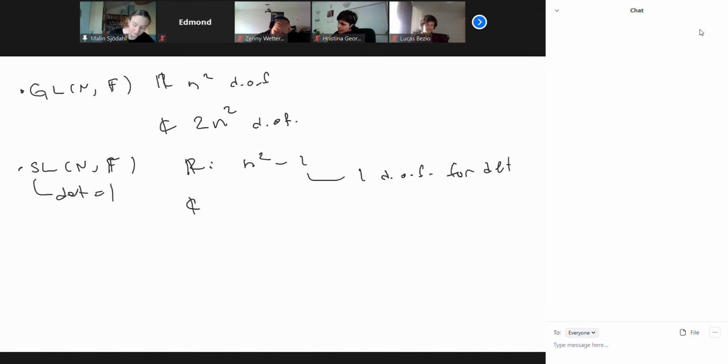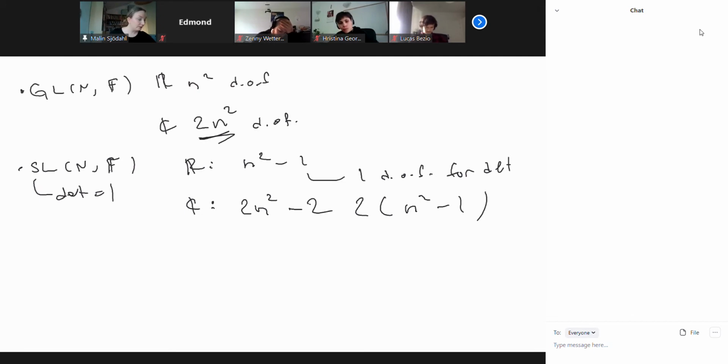For the complex numbers, we have 2n squared from up here, but then we also subtract 2 degrees of freedom, because we have a real and an imaginary part again. So this is 2 times n squared minus 1 for f equals c.